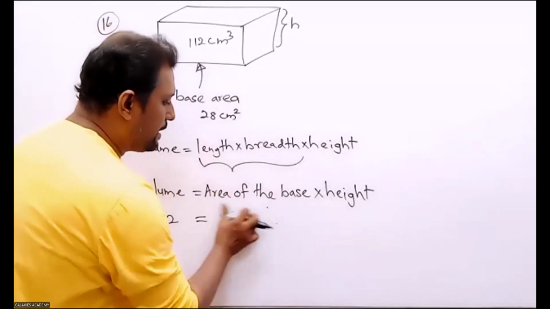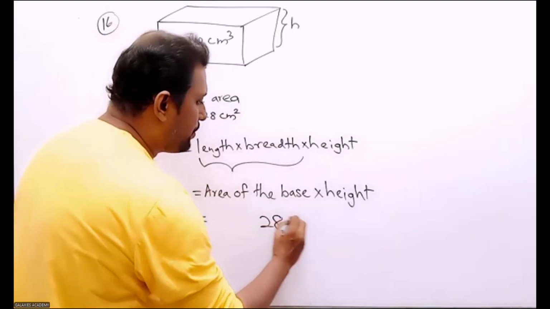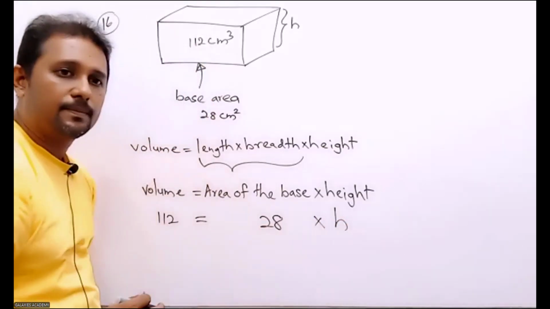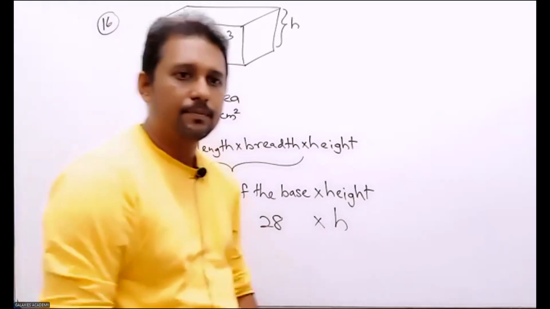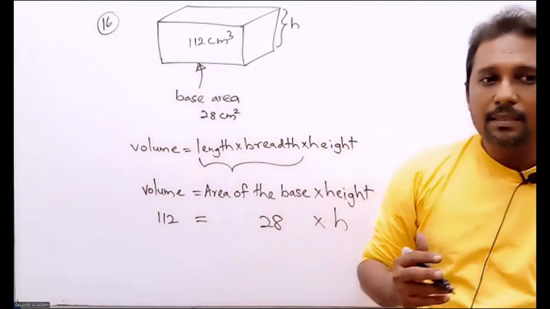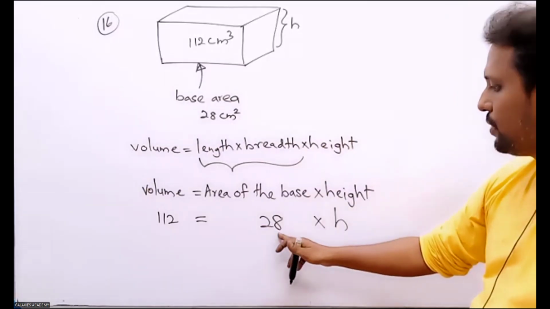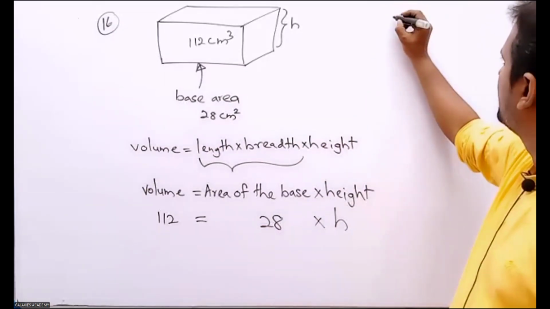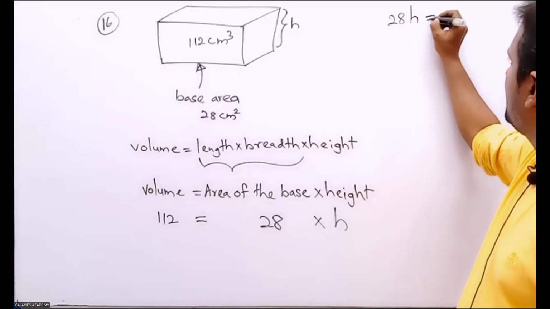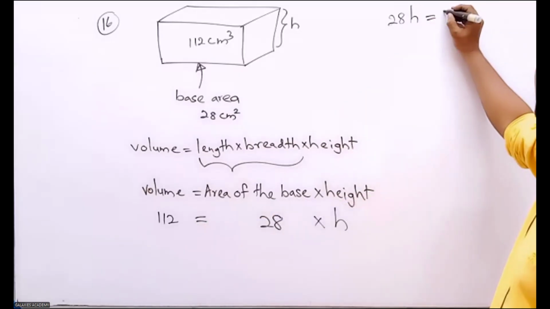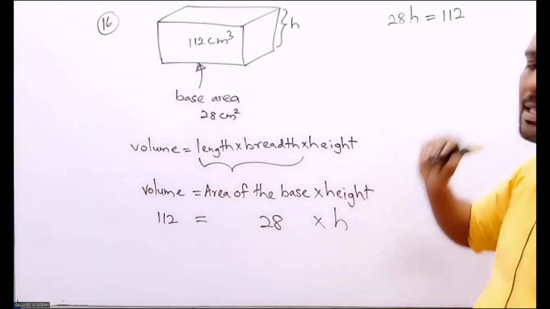Right? Clear or not? Can you understand? 28 multiply h. It is a simple equation, no? What is the equation? 28h is equal to 112.